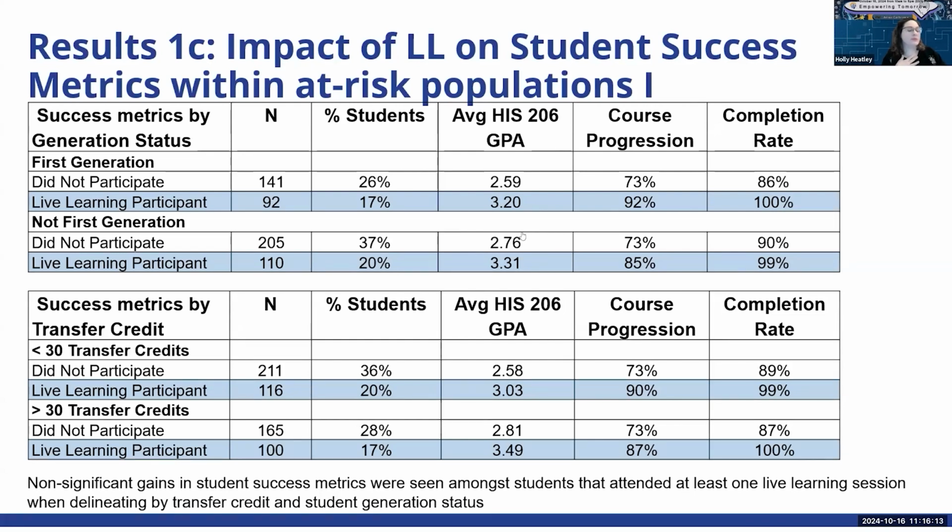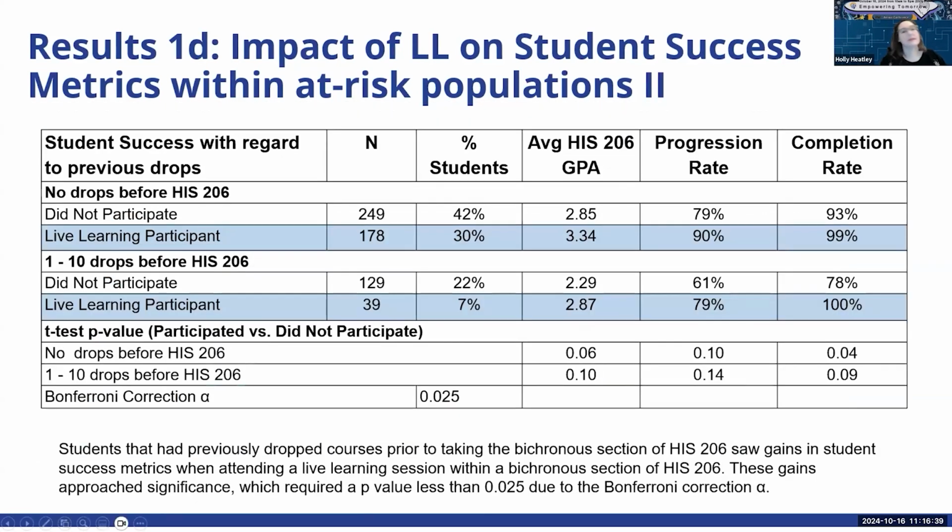Similarly, among students with fewer than 30 transfer credits, we observed non-statistically significant improvements across tested course success metrics. This trend continued for students who entered the university with greater than 30 credits. So again, here we can see generally positive movements, but not statistically significant. Okay, next, please.